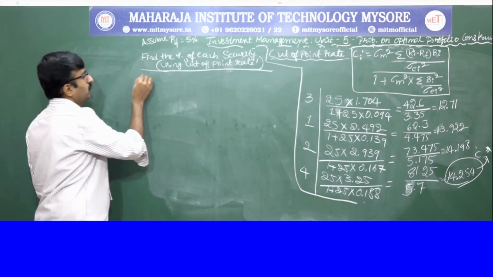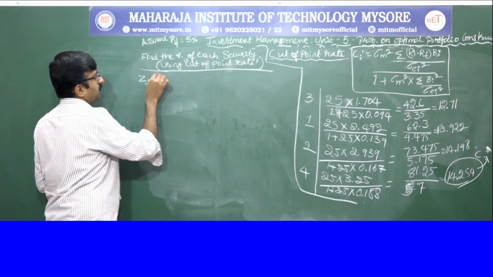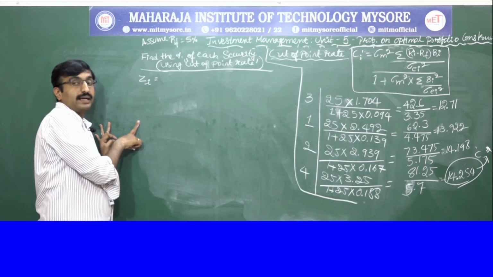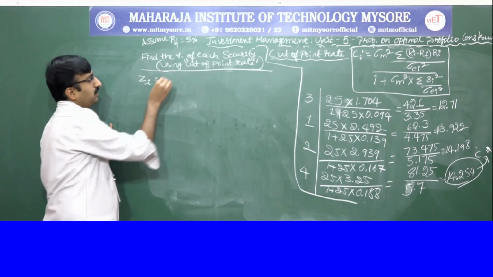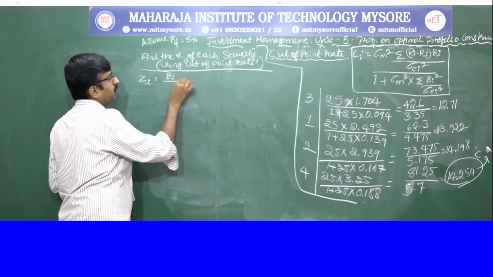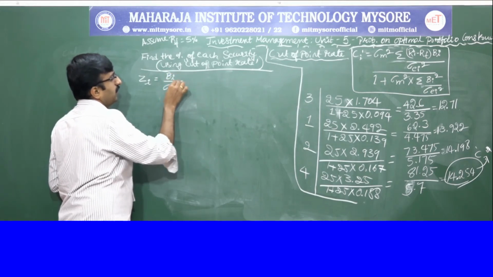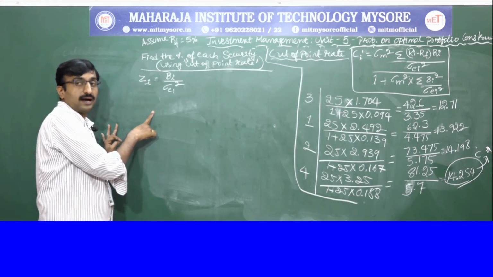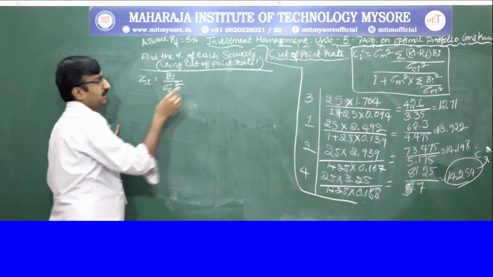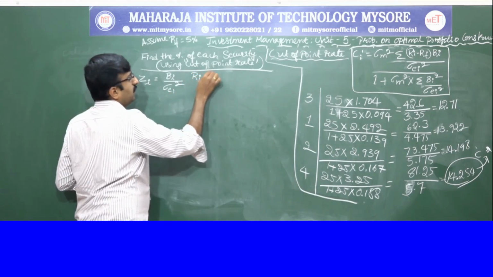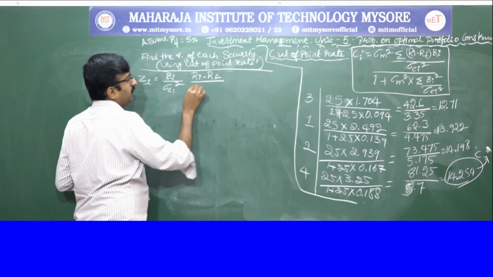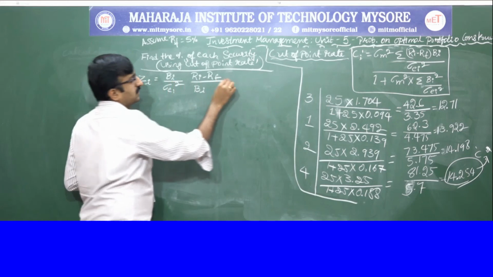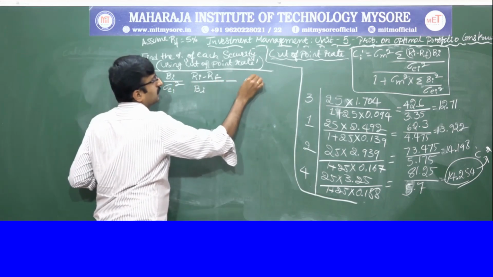Yeah, so here we have to apply the formula. The percentage of each security, that is Z i is equal to Bi divided by standard deviation ei square, all into Ri minus Rf divided by Bi minus C.